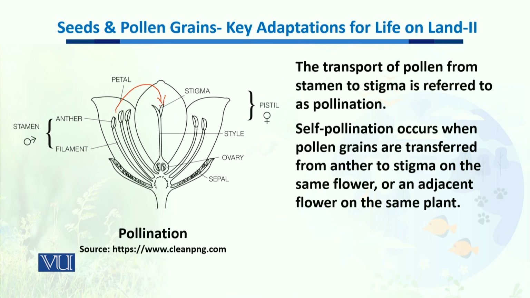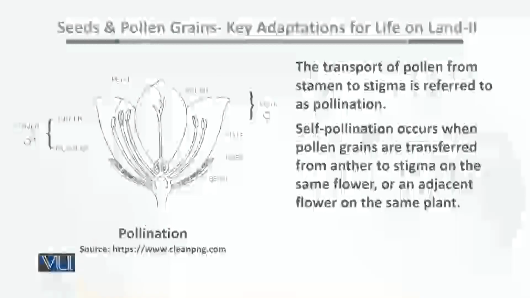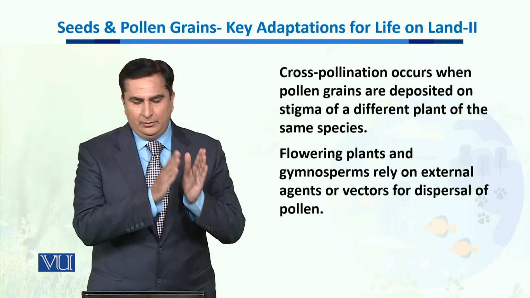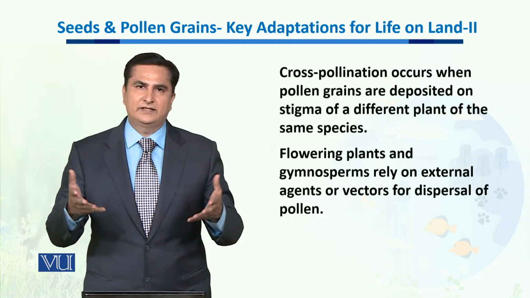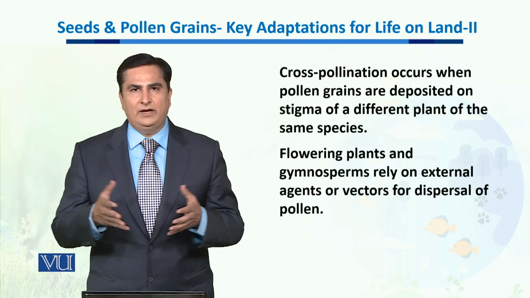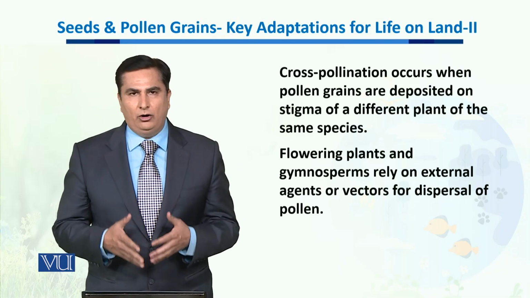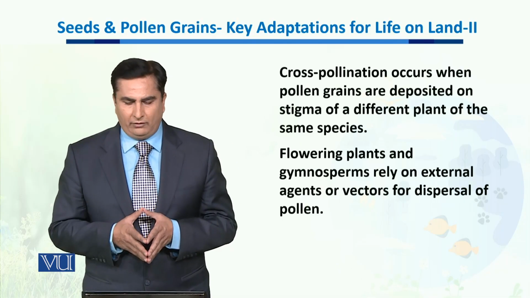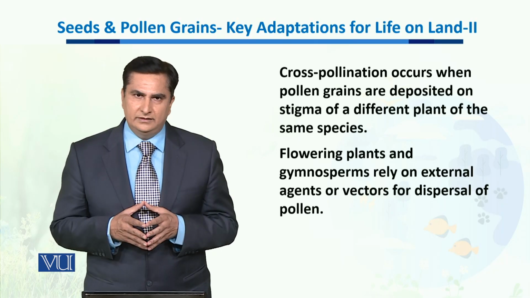This is called self-pollination. In cross-pollination, the pollen grains are deposited on the stigma of a different plant of the same species. Flowering plants as well as gymnosperms rely on external agents or vectors for the dispersal of their pollens.